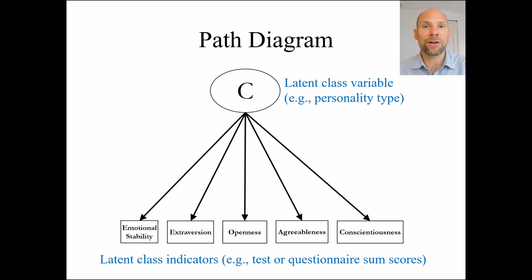The latent class variable should account for those associations. Unlike factor analysis, we're not trying to find out how many factors there are to explain the associations between the variables, but instead the goal is to find out how many classes we need. So how many different groups are needed to sufficiently account for the relationships between our variables.